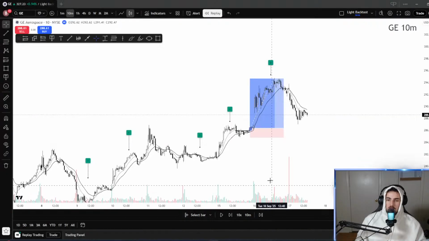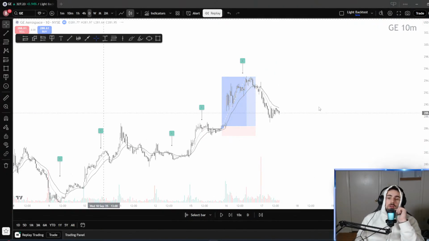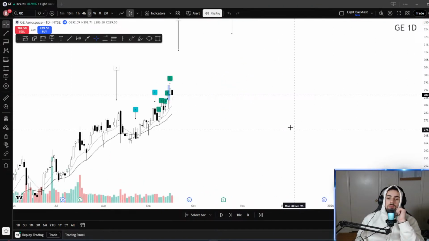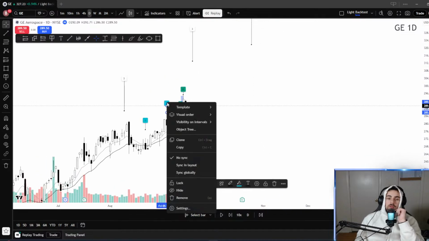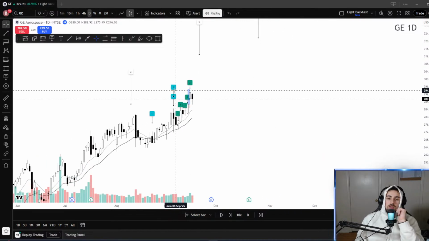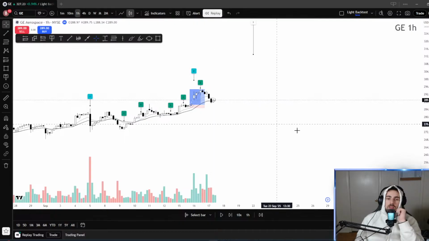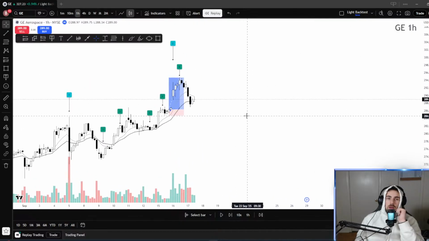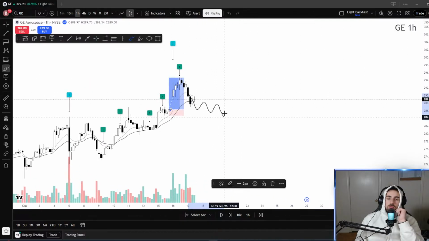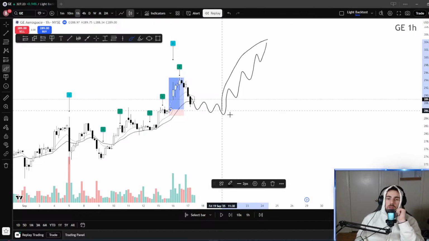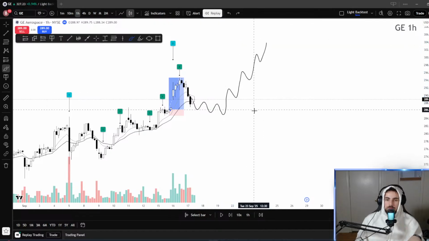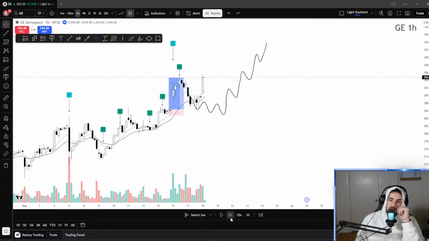So what we're going to do now is go back to the daily time frame. We now have this second high to label because the 1 hour breaks down here. So we now want to wait for the 1 hour to turn bullish so we can look in here for potential entries. Let's see if that happens.